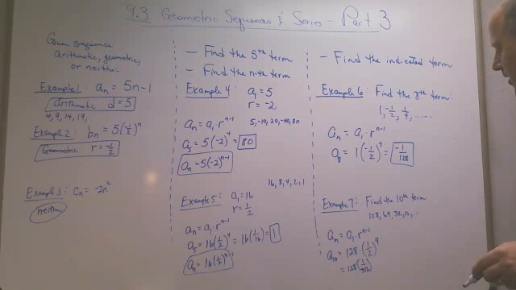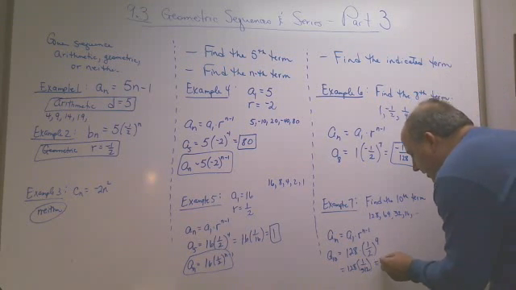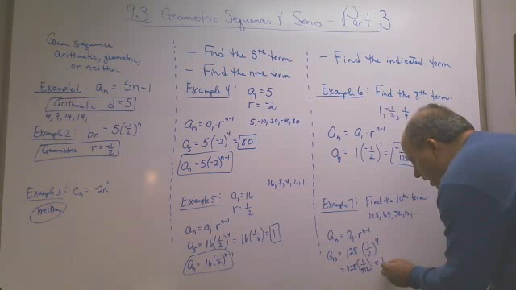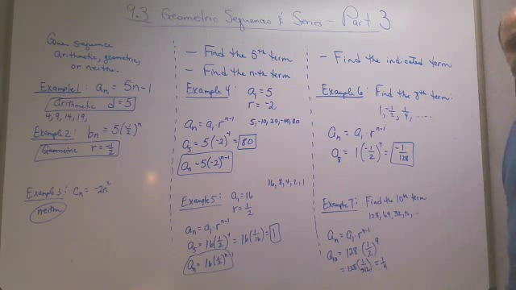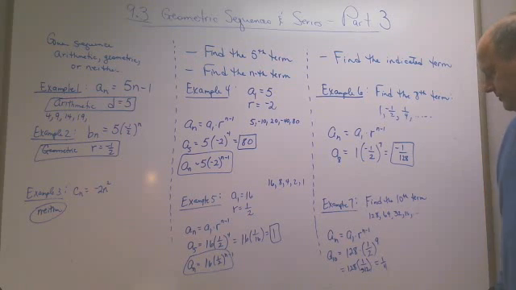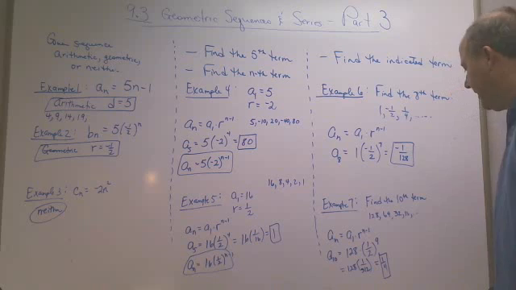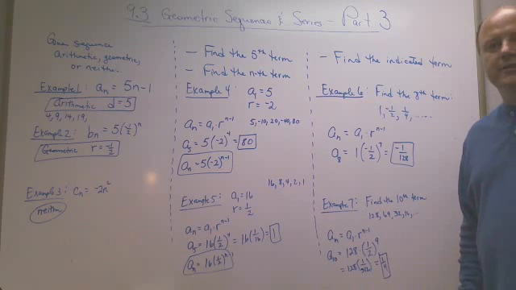And then 128 divided by 512 is actually, I believe, 1/4. So it's going to be 128 over 512. Yeah, that's right. It may take you a little bit of time to reduce that down, but I'm pretty sure it's 1/4. So that is the 10th term of the sequence.